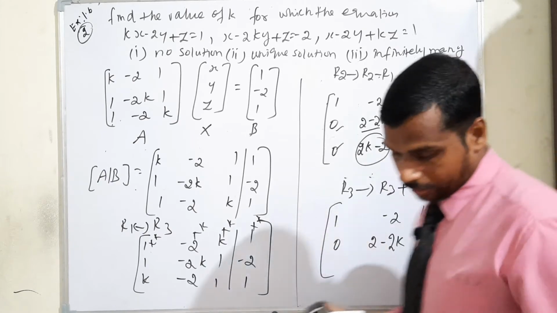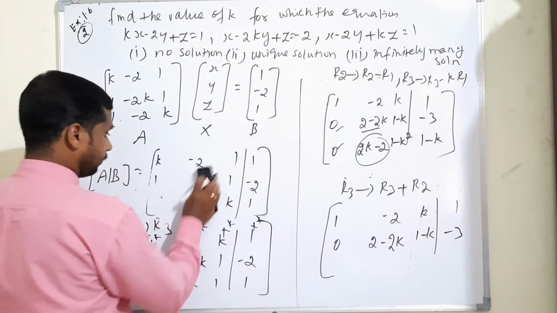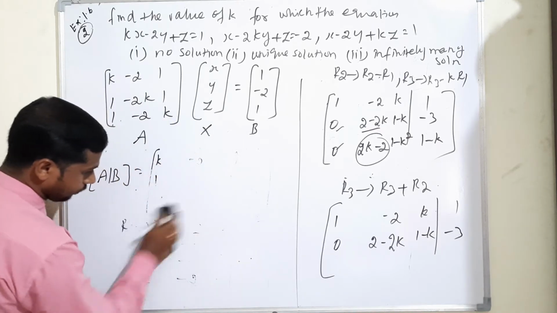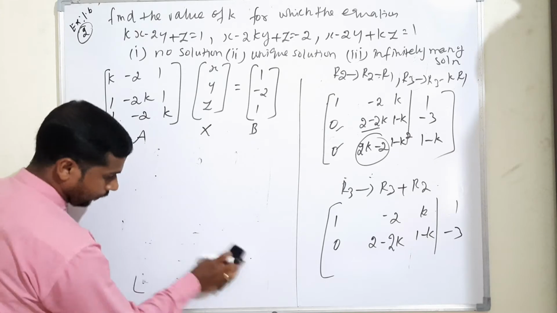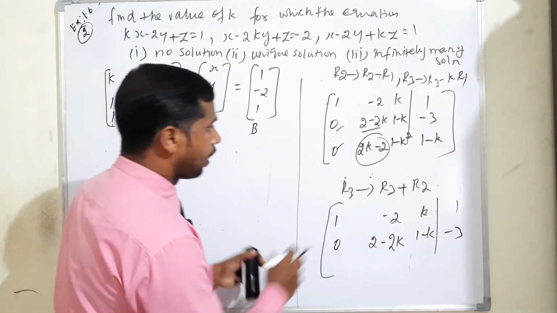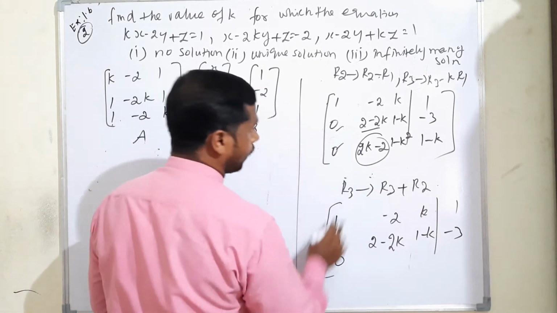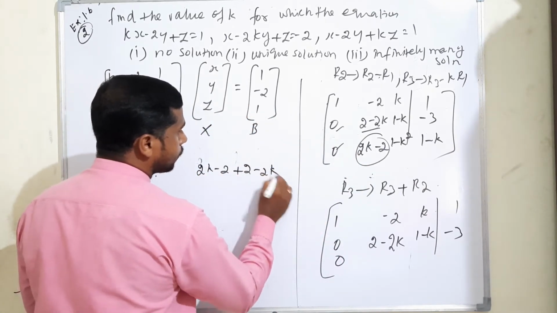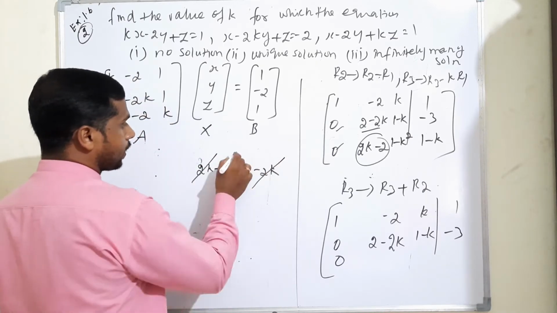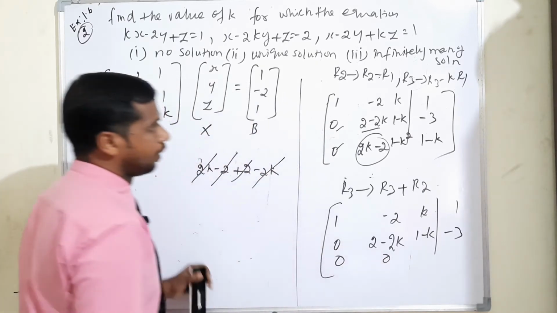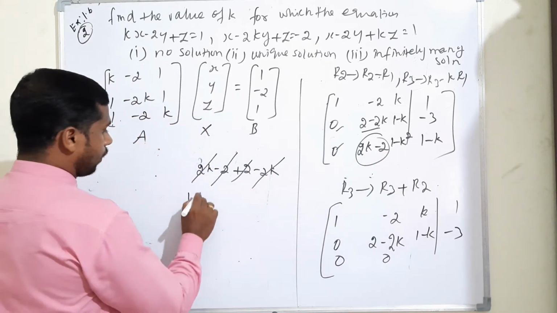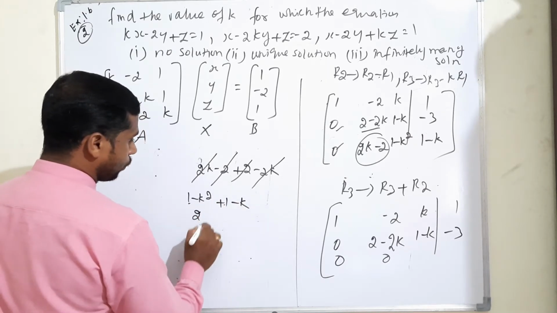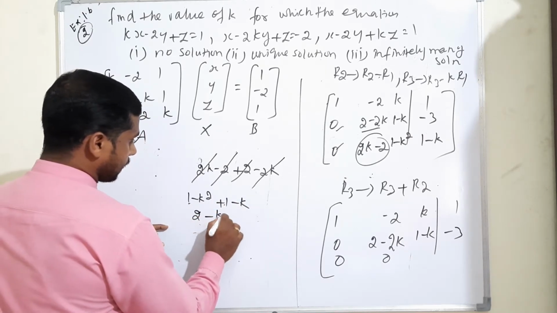Third row, very carefully, R3 plus R2. So 0 plus 0 is 0. Here 2k minus 2 plus 2 minus 2k: plus 2k minus 2k cancel, minus 2 plus 2 cancel, 0. Next, 1 minus k square plus 1 minus k: 1 plus 1 is 2, then minus k square.